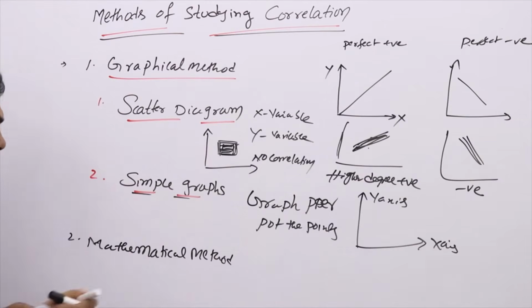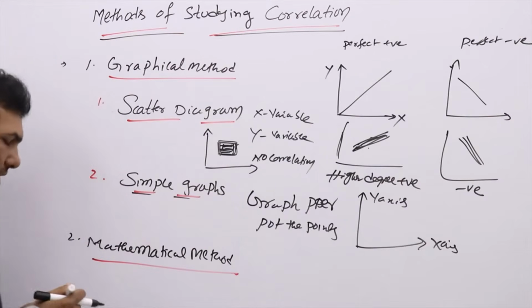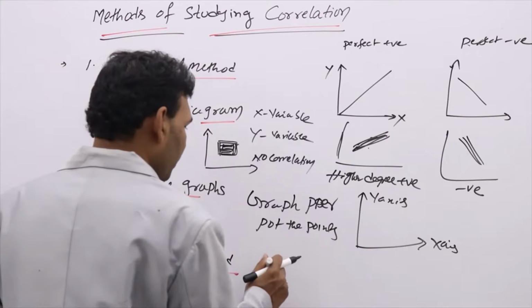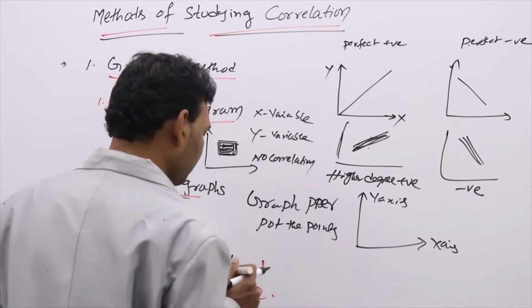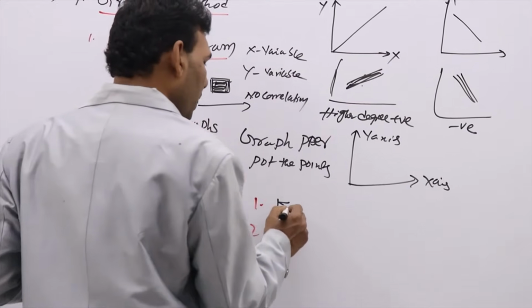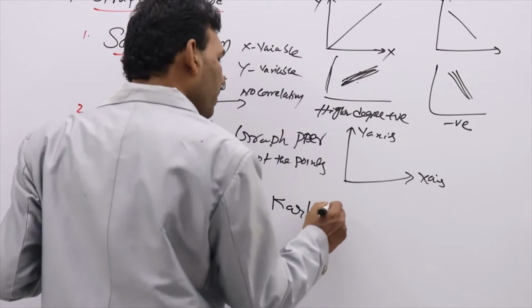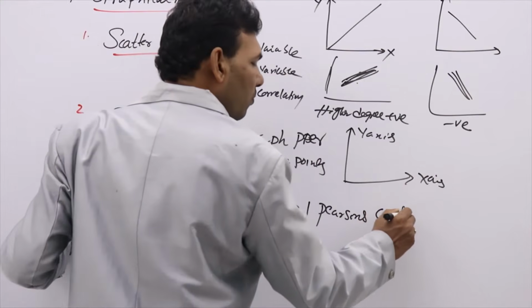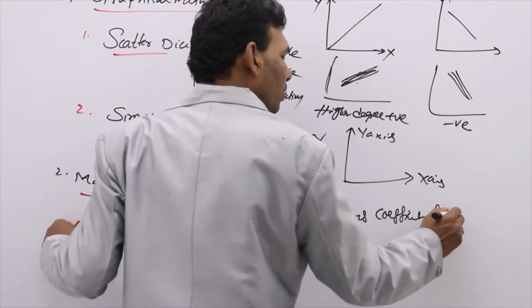Now coming to the mathematical methods, which we are going to discuss in detail. There are so many; a few we are going to discuss. One is Karl Pearson's coefficient of correlation.